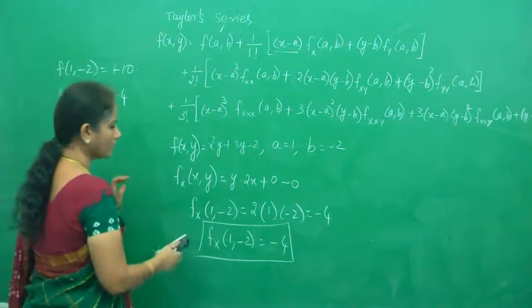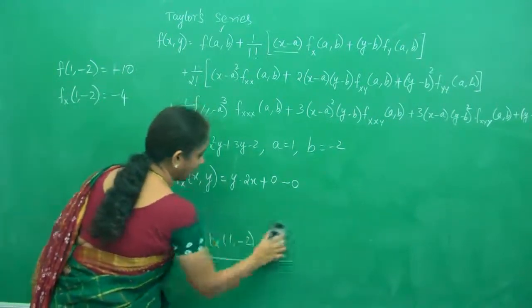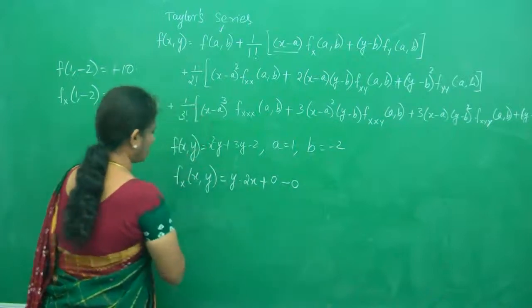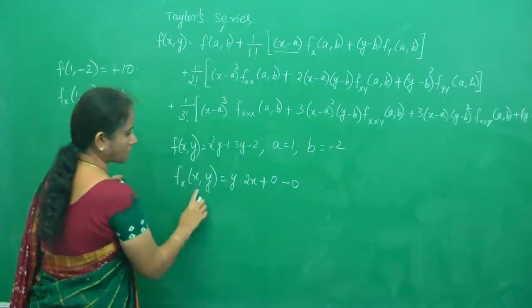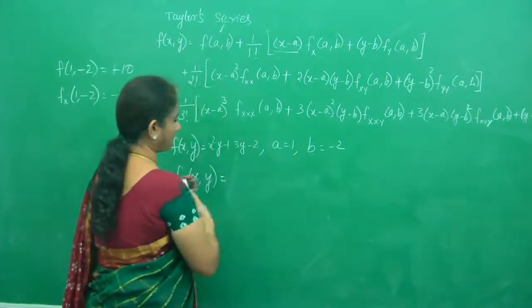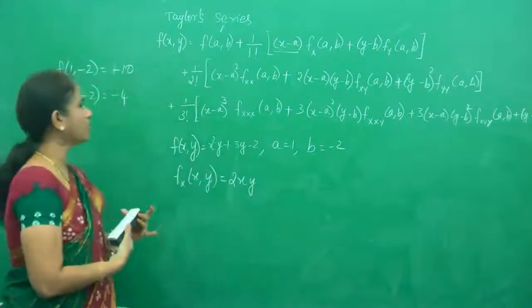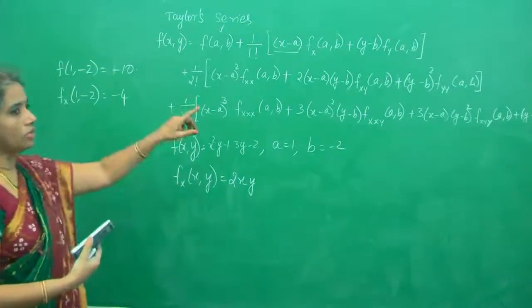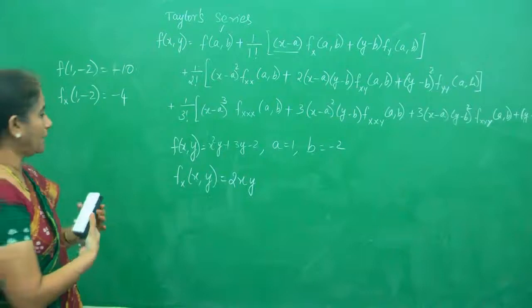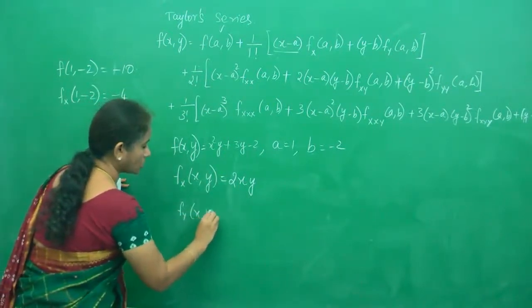Okay. I need this derivative, so I am just erasing this part, and fx of xy is nothing but 2xy. So I have to keep this, so I am keeping it. Now I need to do fy of AB. Now let me do fy of xy to start with.